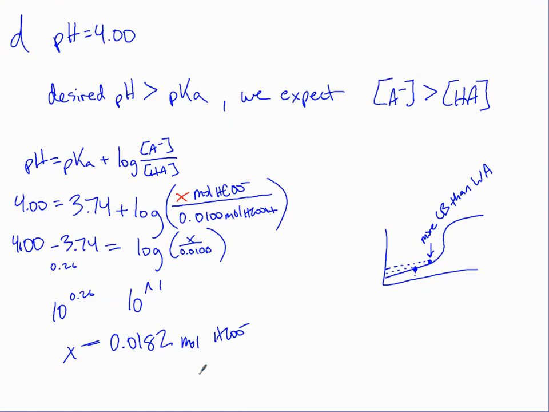Ideal buffer at the halfway point, where pH equals pKa, acid concentration is equal to anion concentration. Two ways you can create a buffer: adding equal moles of its conjugate base through a second compound, or adding half of the moles of a strong base to get to that halfway point of the titration.